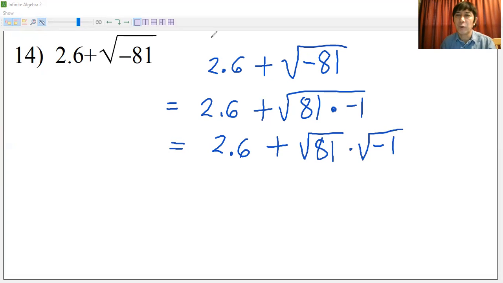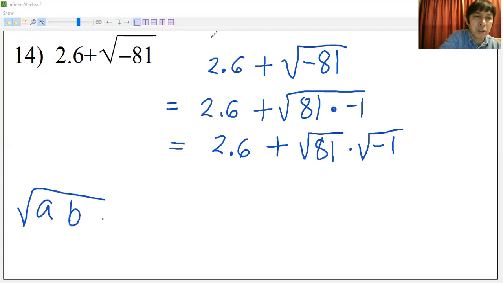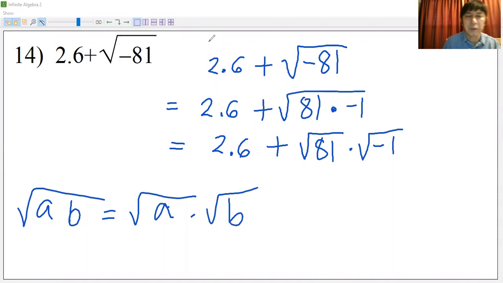Don't forget the rule. The square root of a times b is equal to the square root of a times the square root of b.